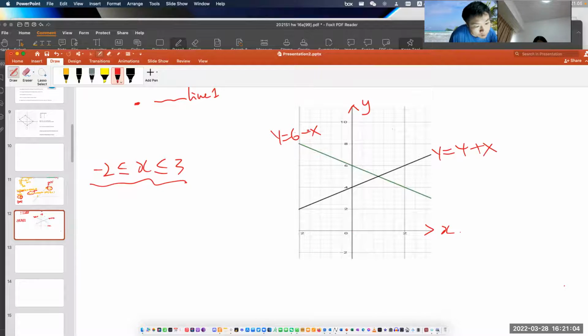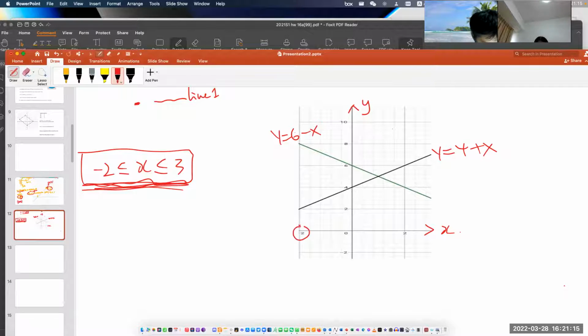Okay, so for this question, it's not a free range. There is a range for x. Can you see this is -2 and this is 3?